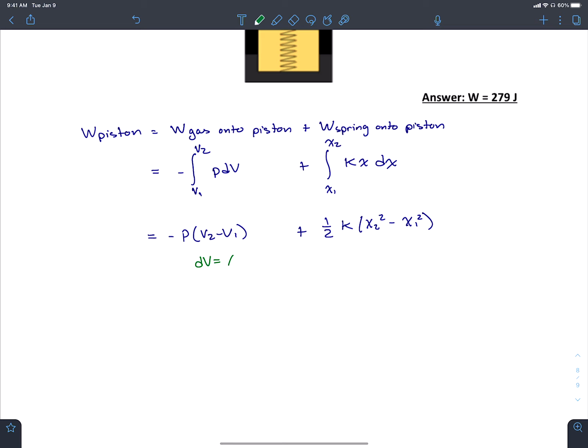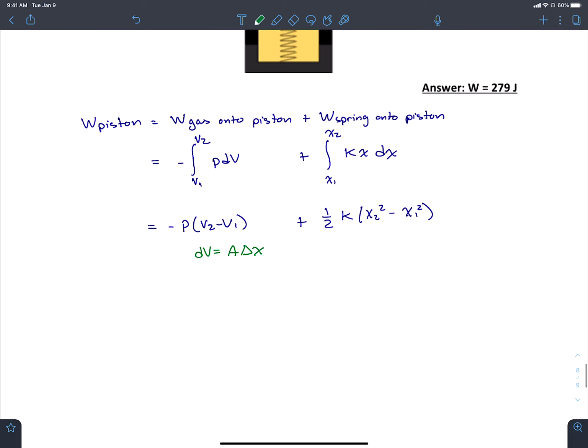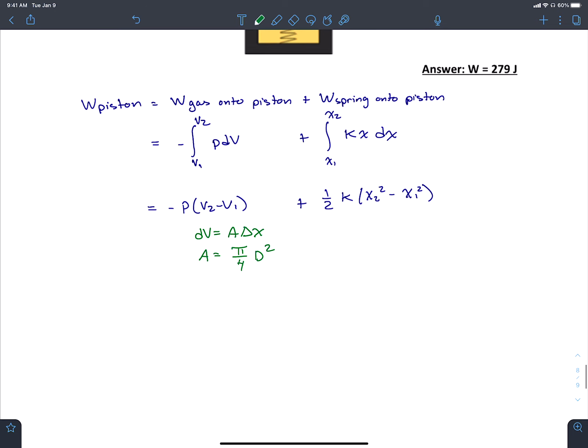So what I can say is, my change in volume is given by the area times my change in distance for the cylinder. And just for your reference, when we solve for volume using diameter, you could just do pi over 4 d squared.